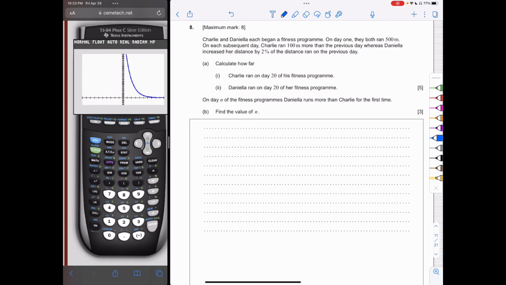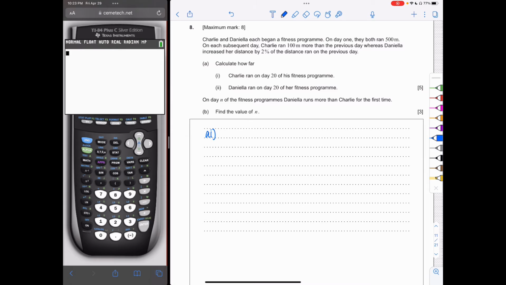So for part A, they want us to calculate for Charlie how long he ran on the 20th day of his fitness program. So for A part I here, we could easily say that we are going to have our arithmetic sequence formula because we know that it's increasing the same amount each day.